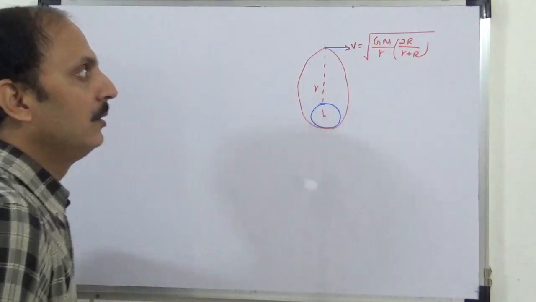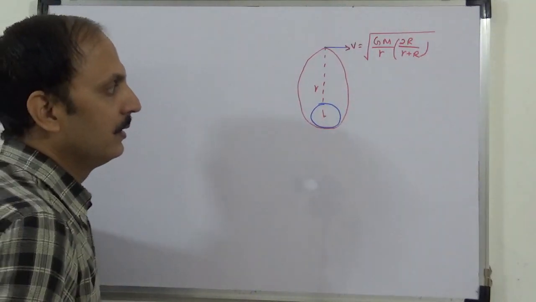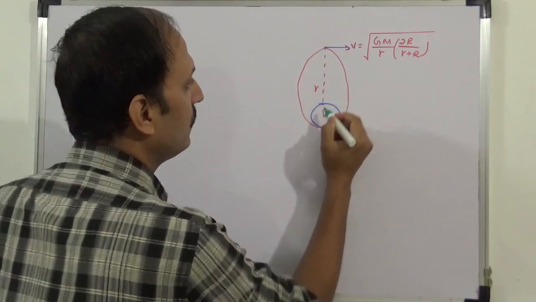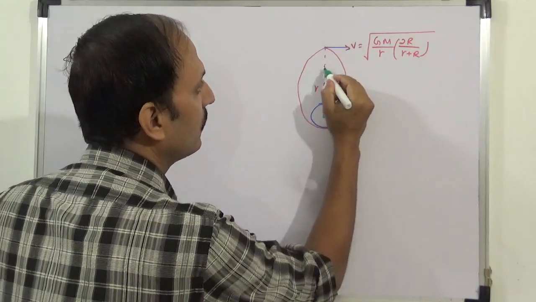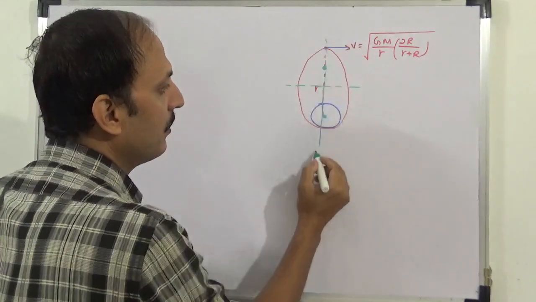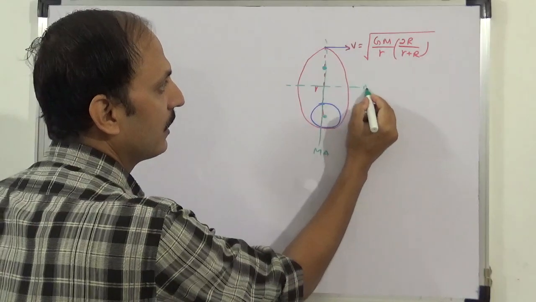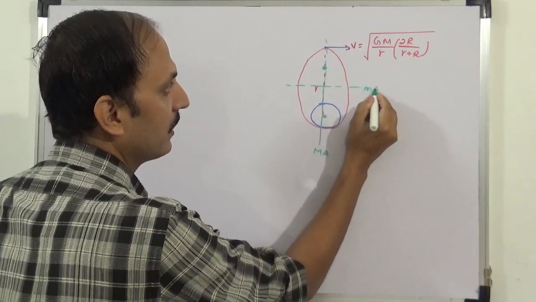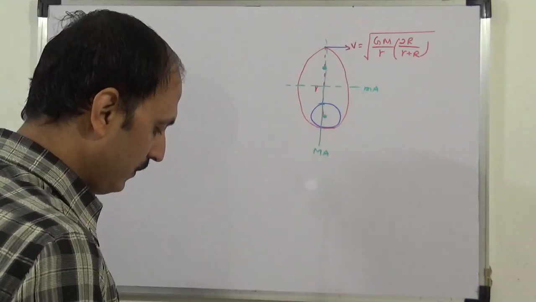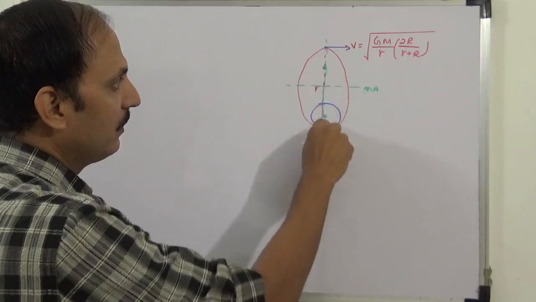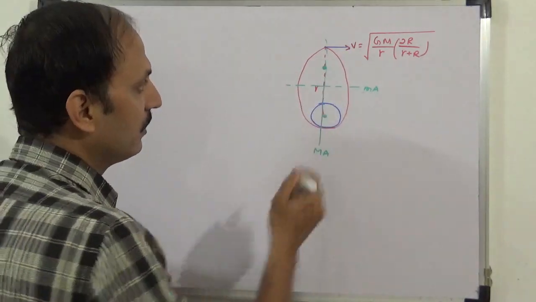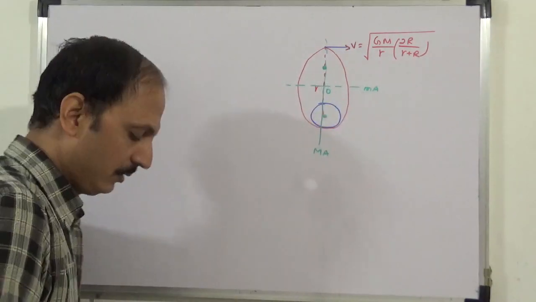Now from this velocity, this is an elliptical orbit, so it has got two foci. One focus is the center of this and one focus is here. This is the major axis, this is the minor axis. When you increase the velocity, and when both the foci coincide at the point O, that becomes a circle. And that we have done.